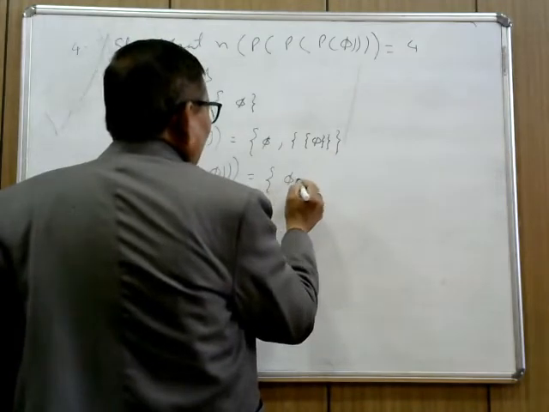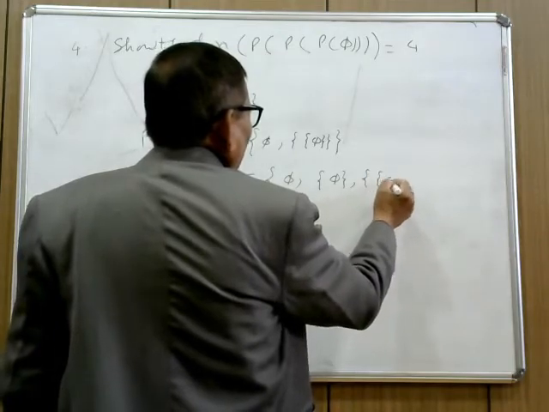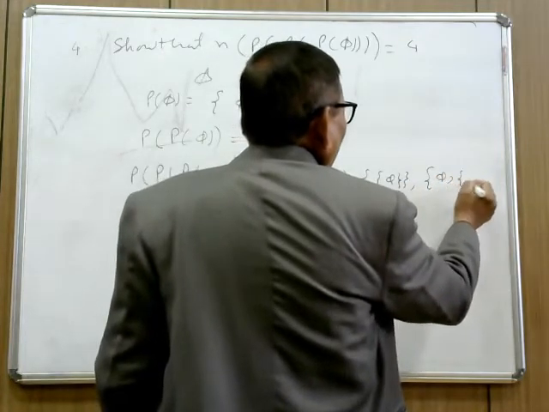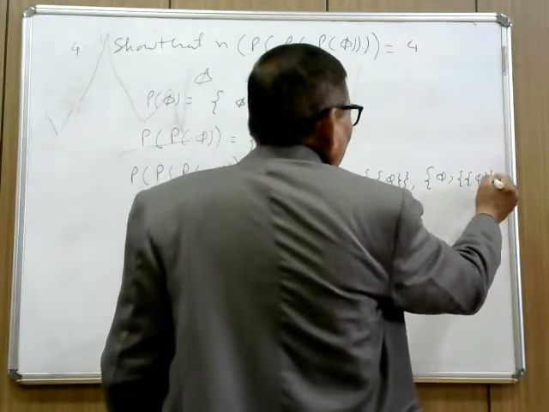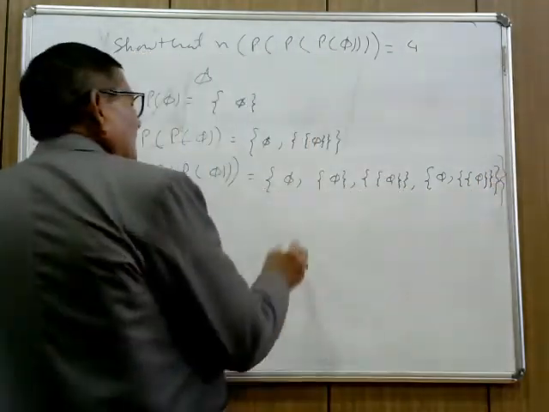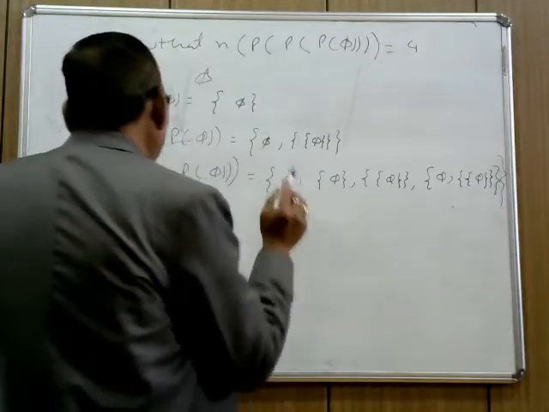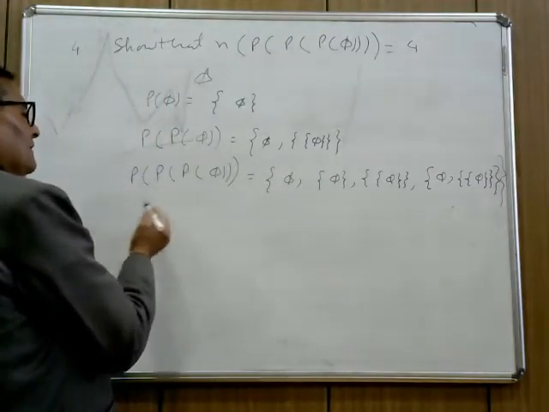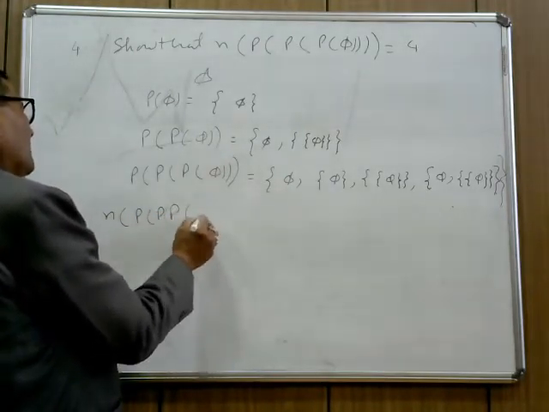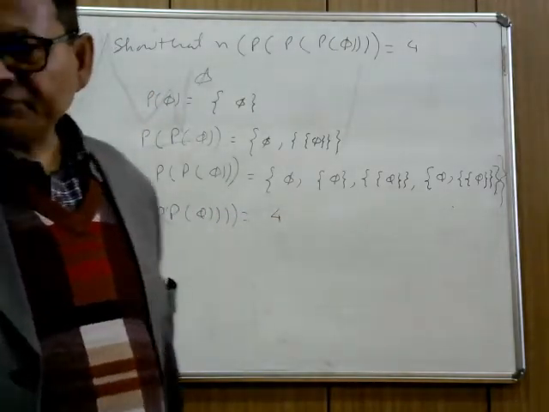That is equal to the empty set and one more set. So in this way you can see that there are 4 elements: 1, 2, 3, 4. There are 4 sets which are subsets of this. So therefore the number of elements in the power set is equal to 4. In this way you can prove this result.